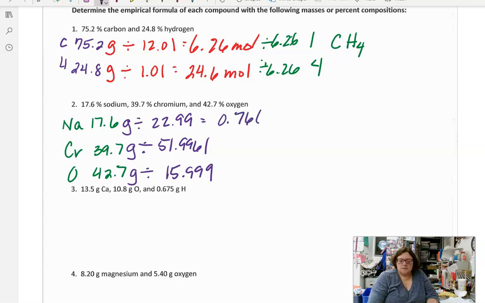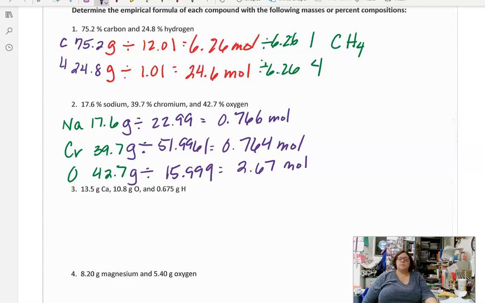Okay, 17.6 divided by 22.99 gives us 0.766 moles. 39.7 divided by 51.9961 gives us 0.764 moles. And 42.7 divided by 15.999, 2.67 moles.